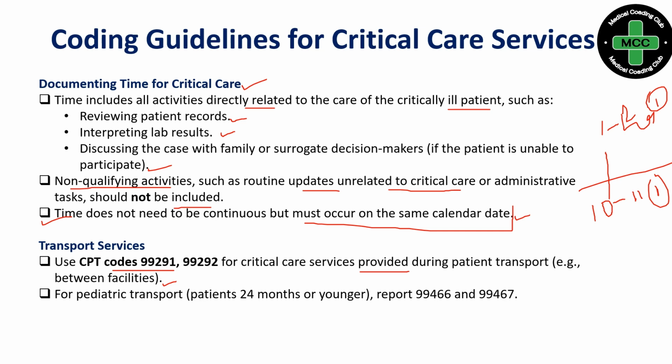Even if it is between facilities, if the provider is giving critical care to the patient, you don't have to check the unit; you will go with the critical care services only when you meet the timing criteria. And next, for pediatric transport, patients 24 months or younger, report 99466 and 99467. So this is for pediatric. We also have pediatric E/M guidelines, which we will see in a later part.